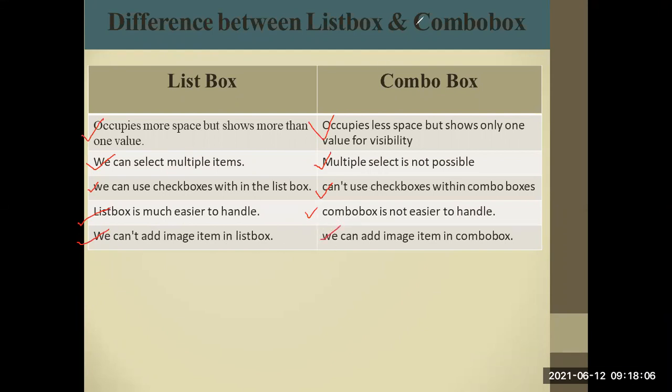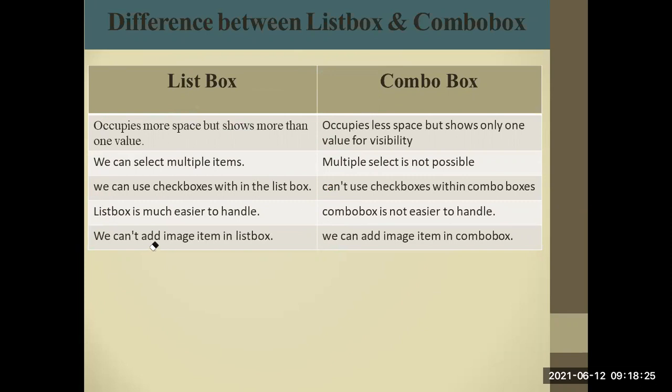If they ask the question, what is the difference between the list box and the combo box, you can write these points. You can even add a few more points also. Sometimes they will ask this question: what is the basic difference between the list box and combo box? Fine.